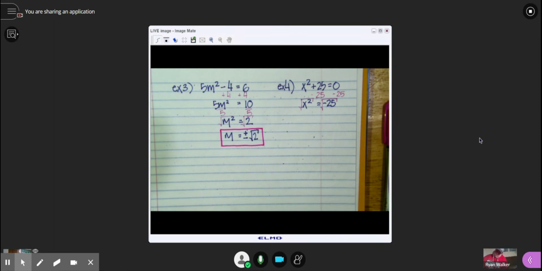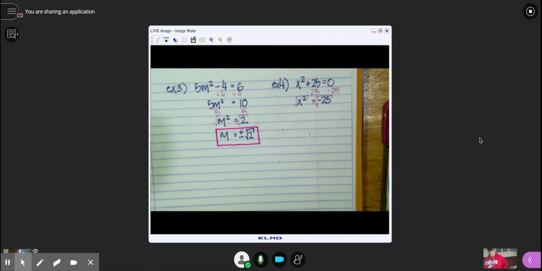What do we say about the square root of a negative 25? Summer? Nope, it's not going to be negative 5, because if you do negative 5 times negative 5, what are you going to get? You're going to get a positive, right?